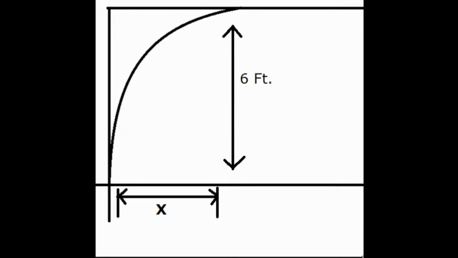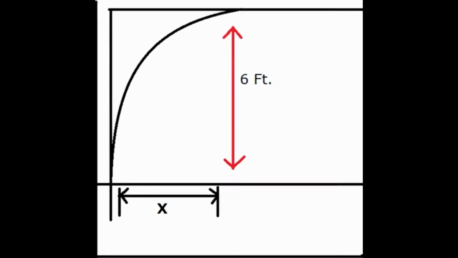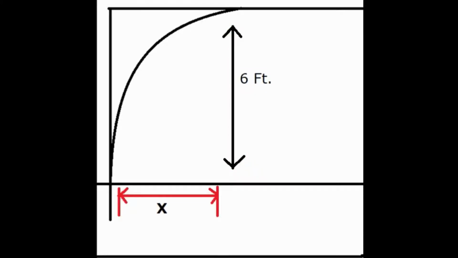Given the condition that you are 6 feet tall, how far from the edge of the wall, or from the edge of the door, will you stand to avoid your head from bumping?